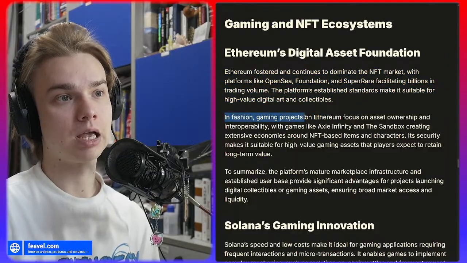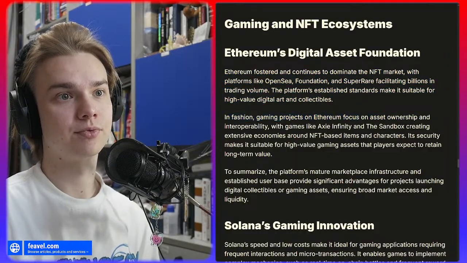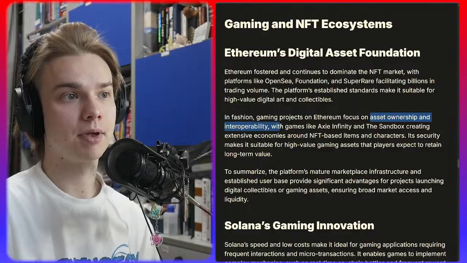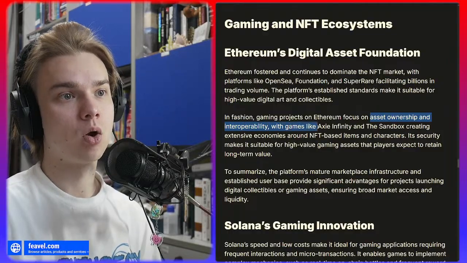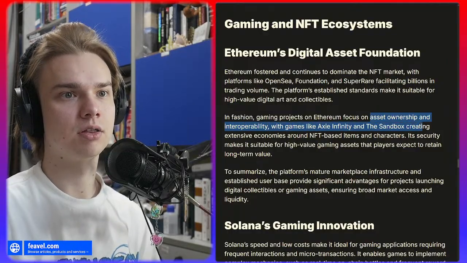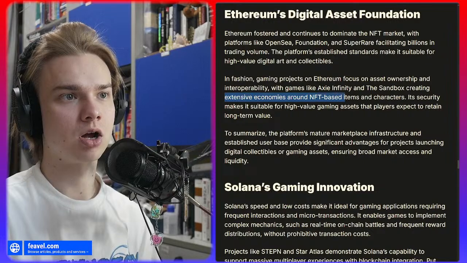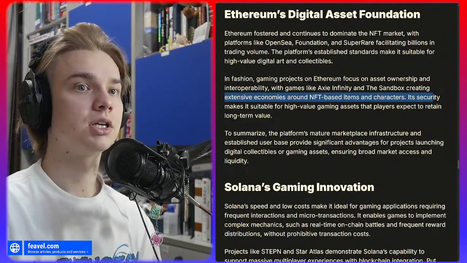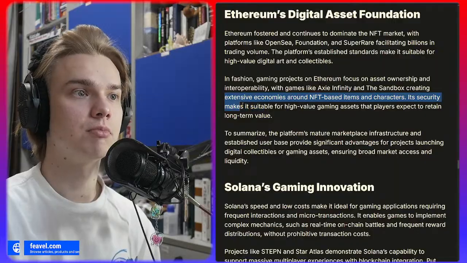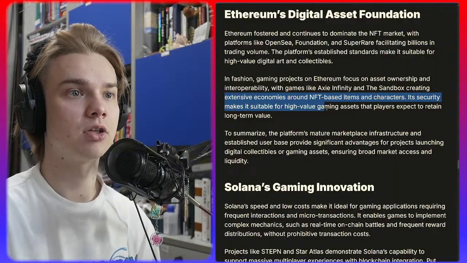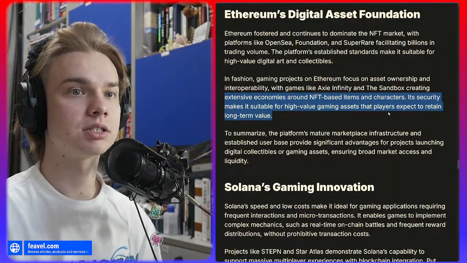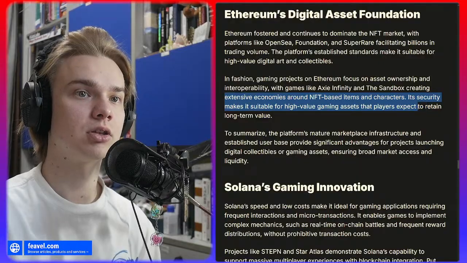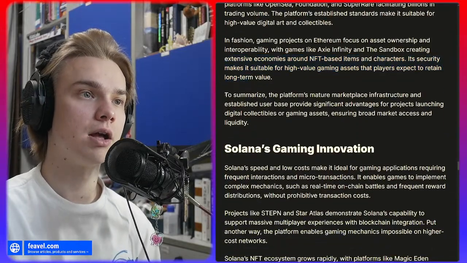In gaming, projects on Ethereum focus on asset ownership and interoperability, with games like Axie Infinity and The Sandbox creating extensive economies around NFT-based items and characters. Its security makes it suitable for high-value gaming assets that players expect to retain long-term value.